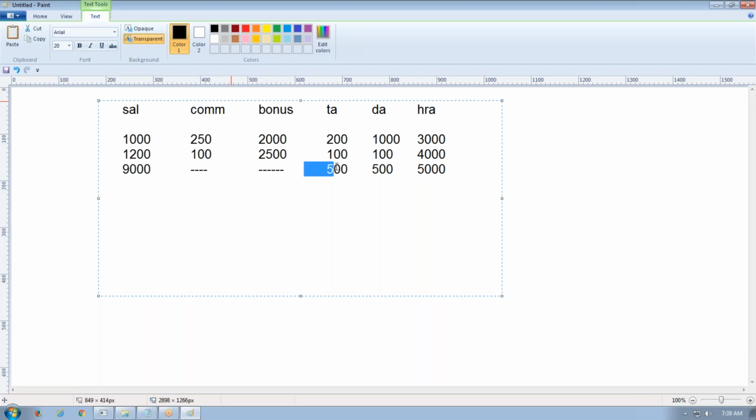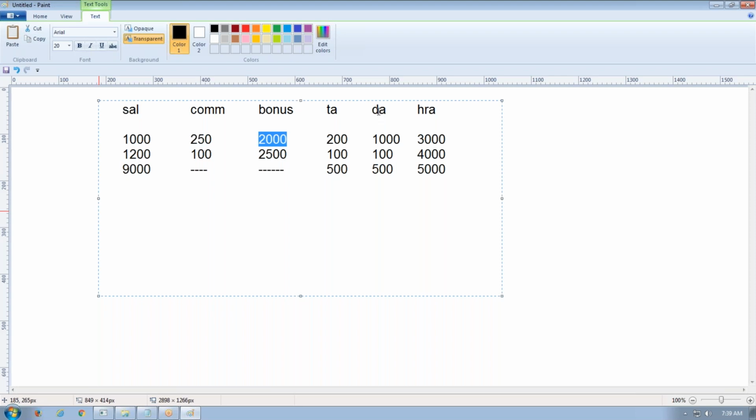In the next record, 500. If you want to find the highest value, here what is the highest value? HRA. Here? Again HRA. Here? 9000. From each record, are you comparing multiple column values together?